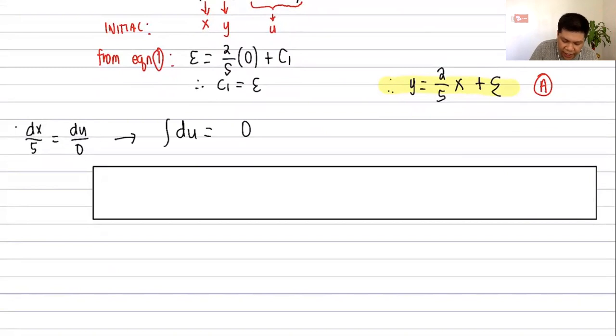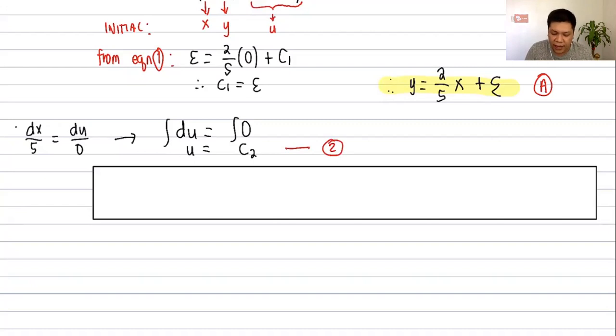Once I integrate this, I would be able to say that u is just equivalent to some other constant. If I integrate 0, I know that that will come from a constant number. So let me call this equation number 2.